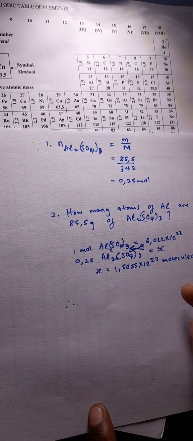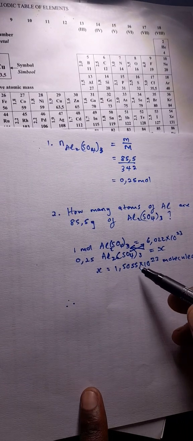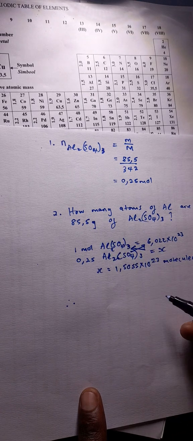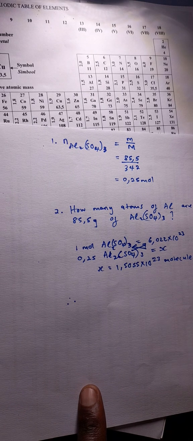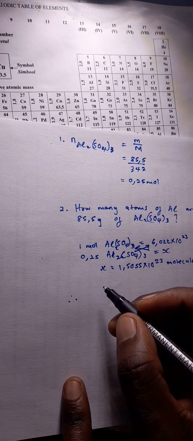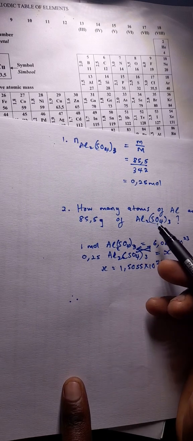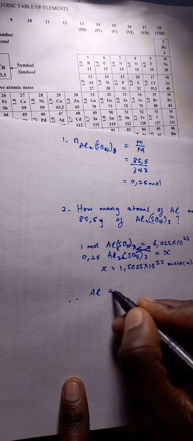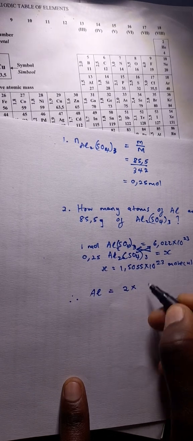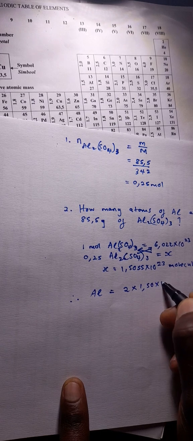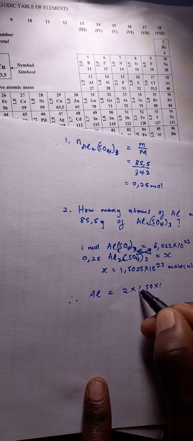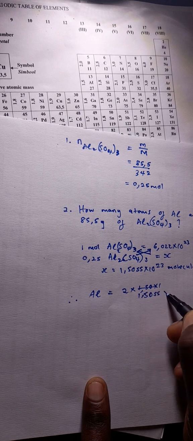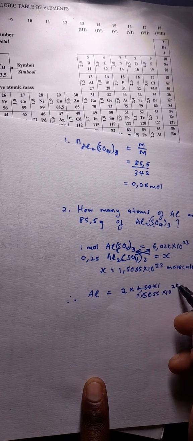All right, therefore, what am I looking for? I'm looking for the number of atoms of aluminium present in there. How many aluminium atoms are we having? We are having 2 from aluminium sulfate. Therefore, the atoms of aluminium will be 2 times 1.5055 times 10 to exponent 23.